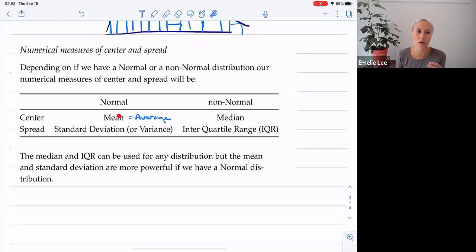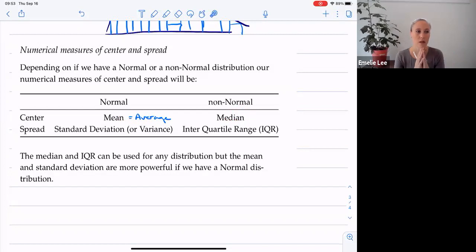And rather why we can't use the mean for a non-normal distribution. Okay, and so if you have a non-normal distribution, the measure of center that you should use is the median. Now, we'll talk about the median later, but the median is just the data point that splits your data in half if you've sorted it from smallest to largest, right? And we'll go through and do some examples.